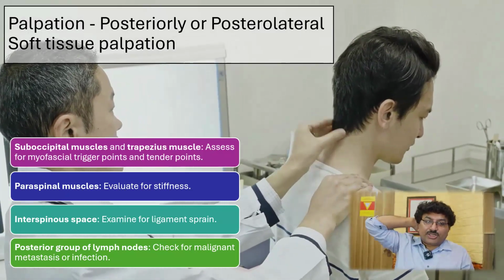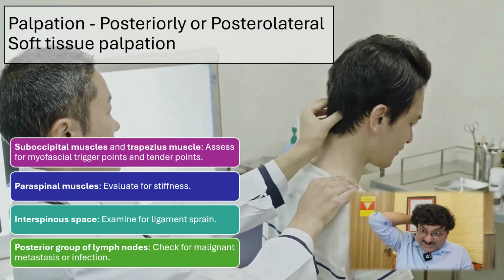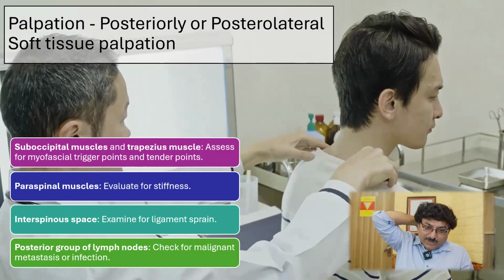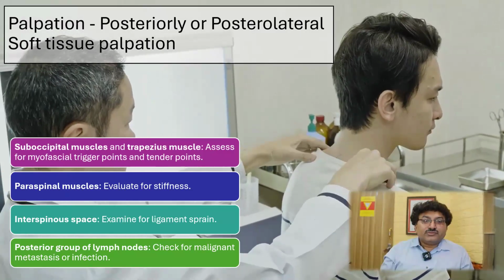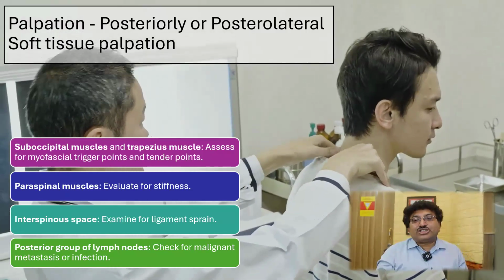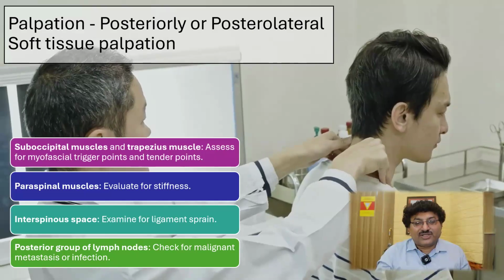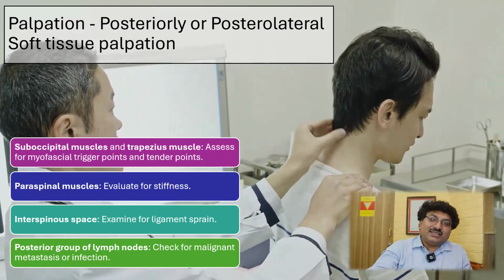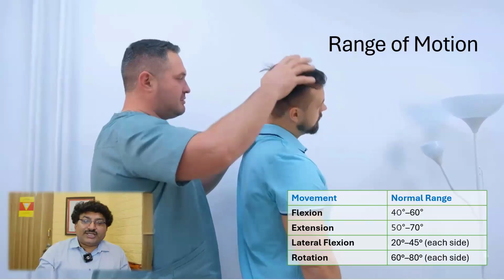You have to check the interspinous space at the center, to find out whether the pain is present because of interspinous tendinitis or not. Then we have to check the posterior group of lymph nodes as well for malignant or inflammatory involvement. These are the things that we need to note in a case of the cervical spine.